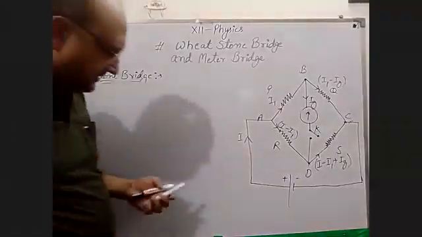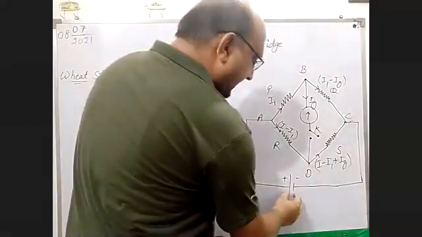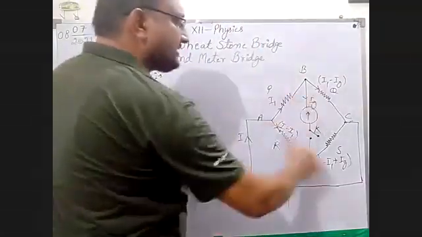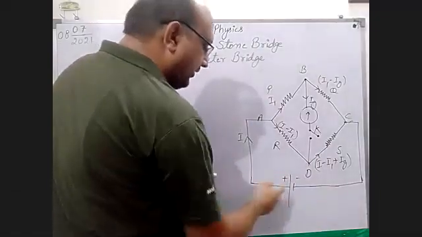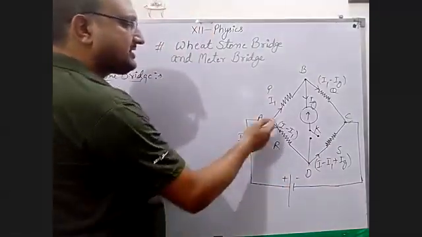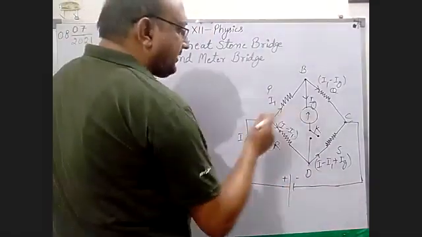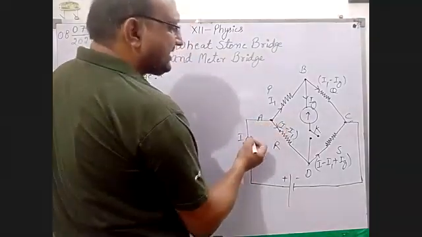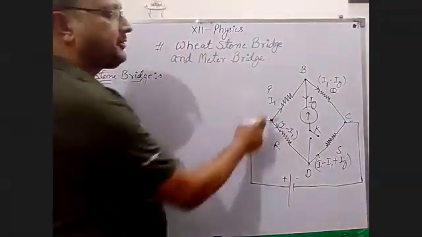Now take this. This is a battery which is connected to this arrangement. From this battery, suppose current I is drawn, and at point A this current I will be divided into two parts.